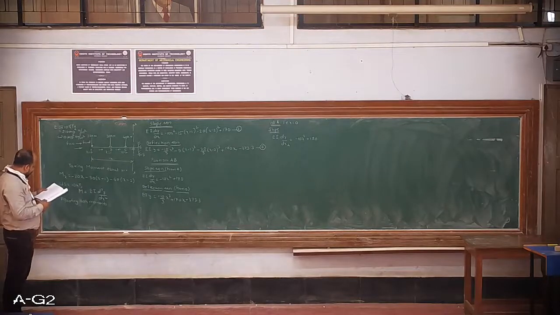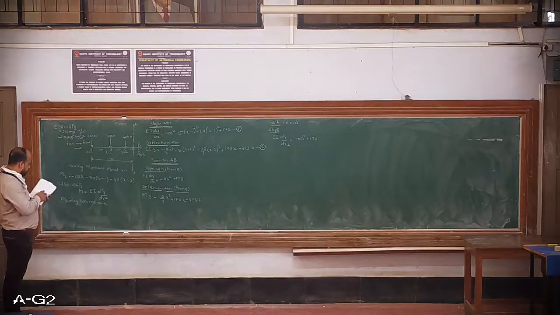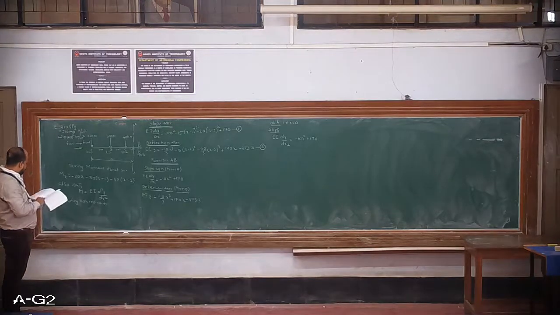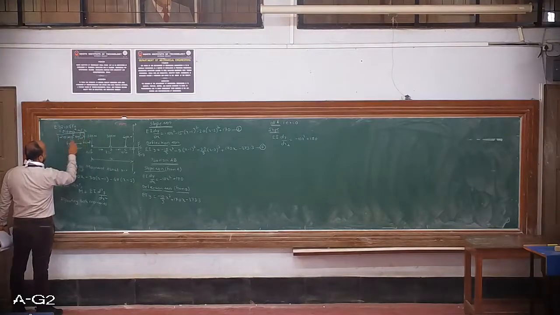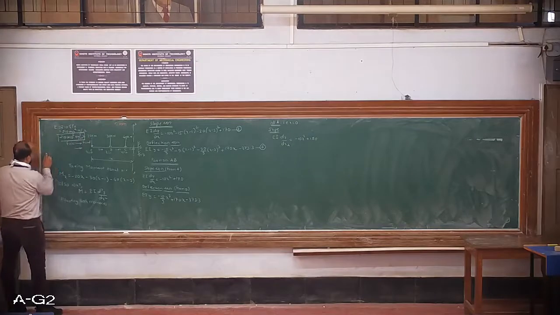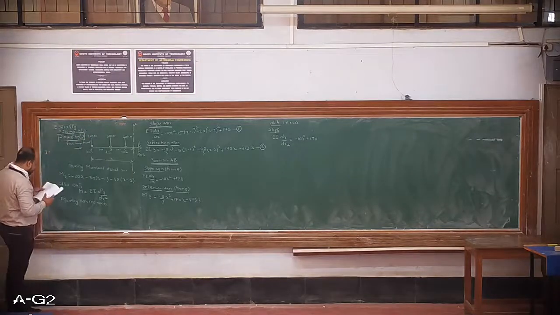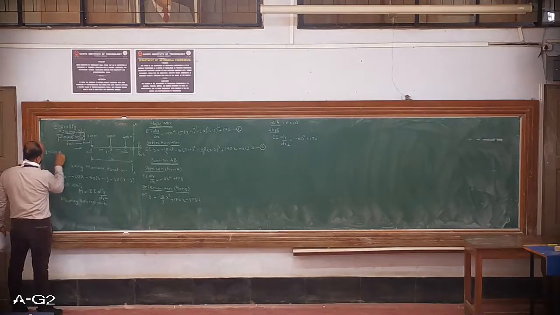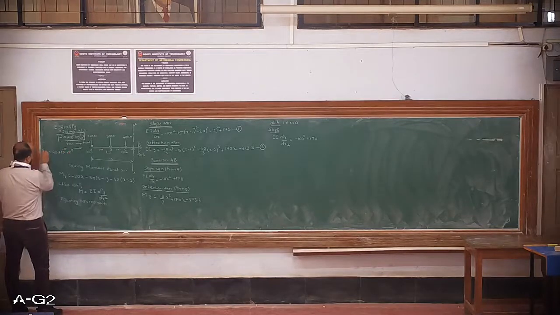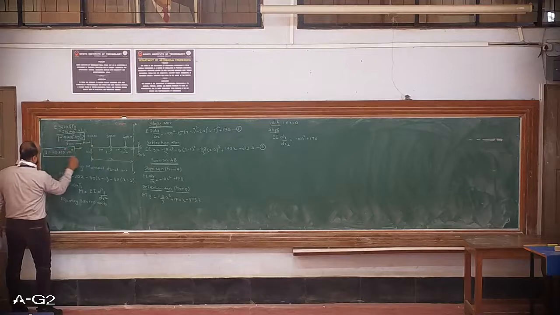So E is 210 into 10 to the power 6 kilonewton per meter square. This conversion is important. And I value is already given to you, that is 40 into 10 to the power minus 5 meter raised to 4. So already it is in meters, no need to convert that again.